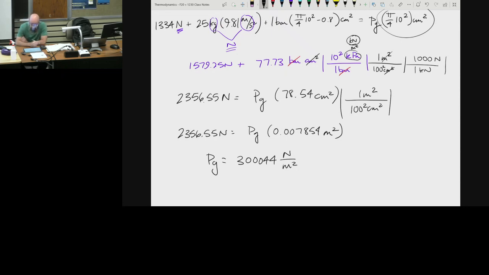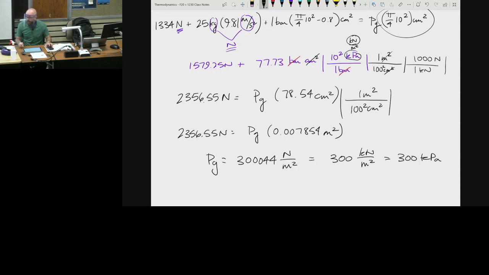I can write this as 300 kilonewtons per meter squared, or 300 kilopascals. Or how many bars? Three bars. Okay, so I think this is actually the number they gave to you in the problem statement that you had back in the first chapter.